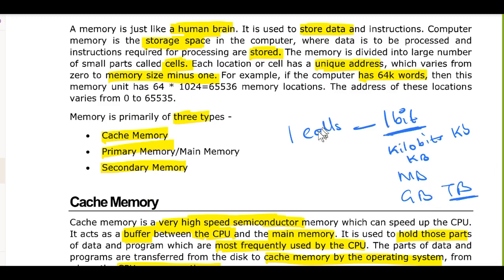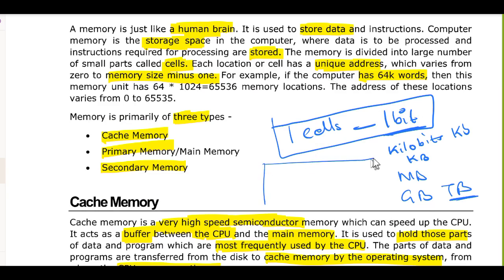We are saying the smallest unit of memory is called a bit, and it is stored in a cell. Each location or cell has a unique address. So if you have a very large memory, the smallest one is called a cell, and it will have an address. You might call it address 1, address 2. And these addresses are normally given by hexadecimal characters.